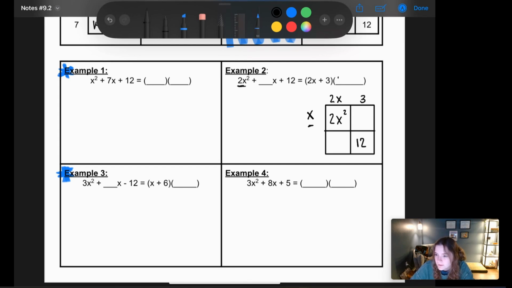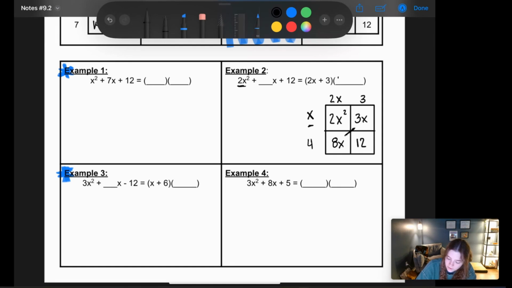Now, that should help us, right? Because here I know that 3 times x gives me 3x. Well, what times 3, if I'm looking right here, what times 3 would get us 12? 4. So 2x times 4 gives us 8x, and that gives us everything, right?